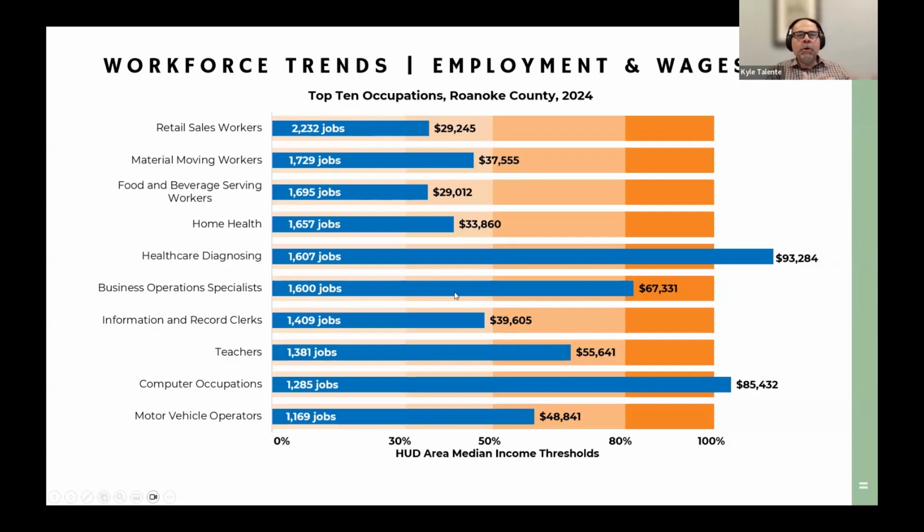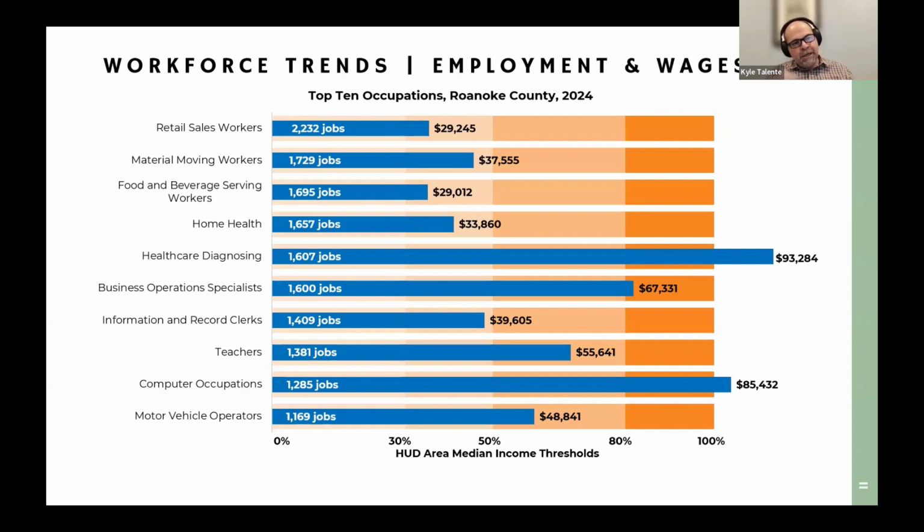And the takeaway from this is, as you can see here, only 3 of the top 10 largest occupations pay above 80% of AMI for the region. And the 4 largest occupations, retail sales workers, material moving workers, food and beverage workers, home health, pay below 50% of the area median income.